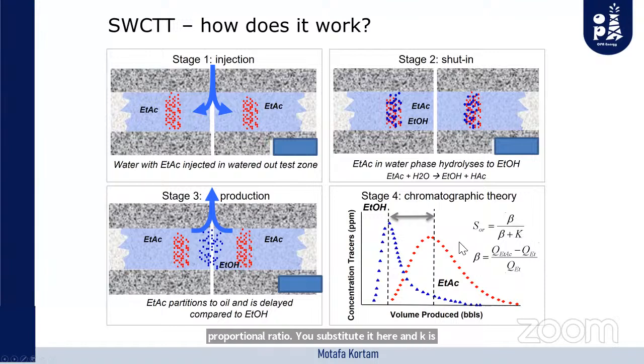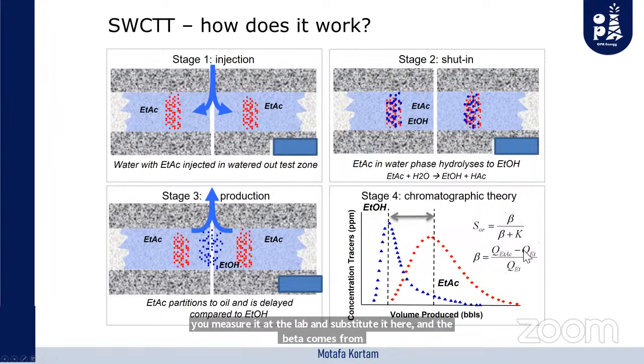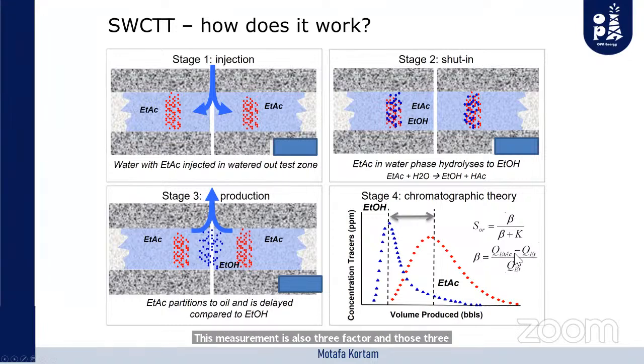It's a lab measurement for understanding the partitioning: when we inject this water at this kind of salinity, how much the tracer will split into oil and water. You measure it in the lab and substitute it here, and the beta comes from this measurement, those factors, and the ester and alcohol values come from the peaks of the produced tracer. A very simple substitution, then it can produce the residual oil.